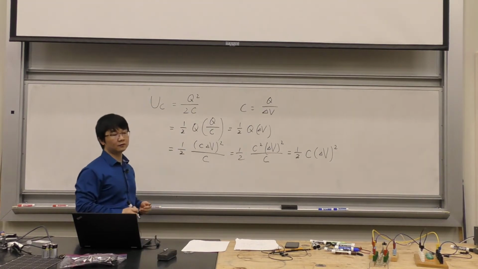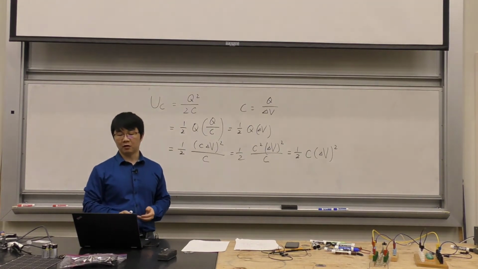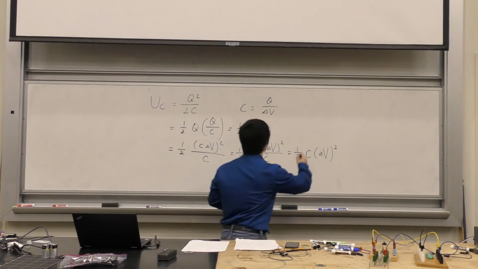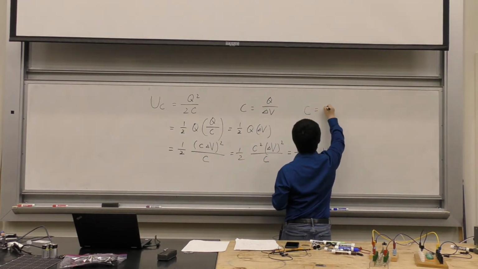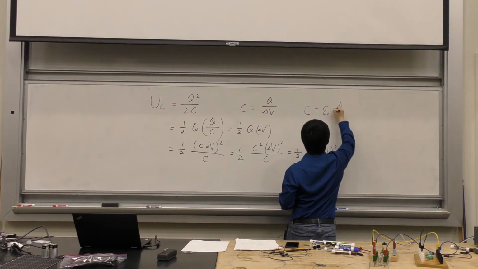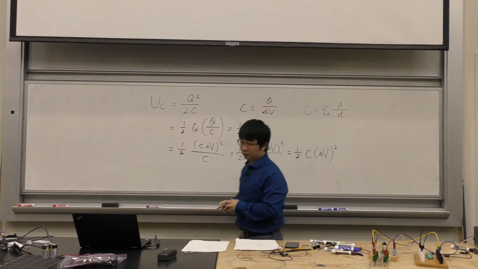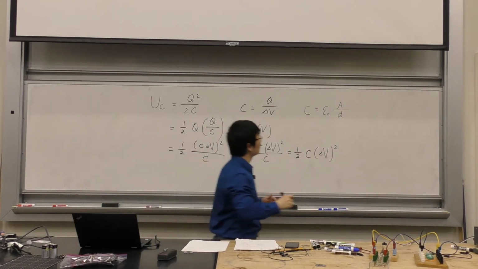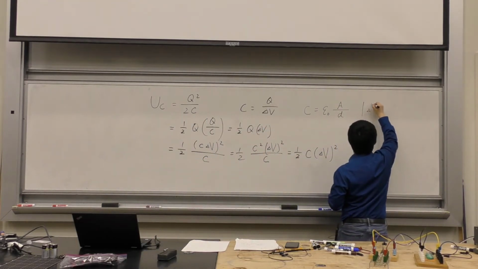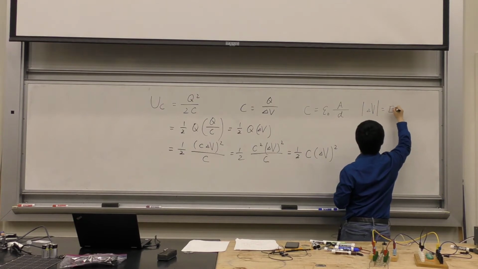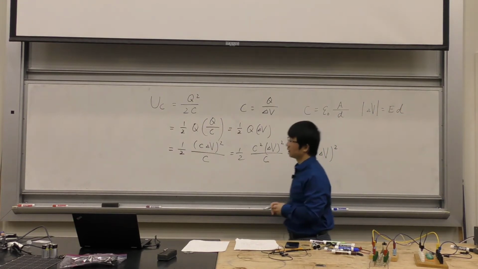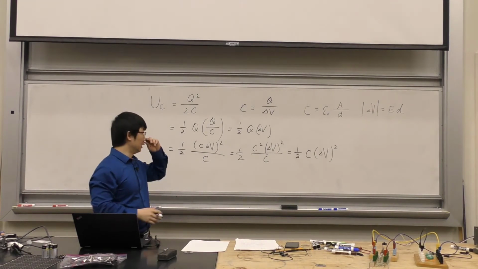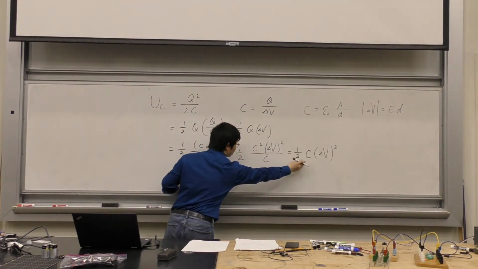Again, we can derive a very nice equation for parallel plate capacitors. All we need to do is use the C equation, C equals epsilon naught A over D, and also the equation V equals E times D. If it's a parallel plate capacitor, the electric field is very uniform. So let's start with the form U_C equals 1/2 C V squared.